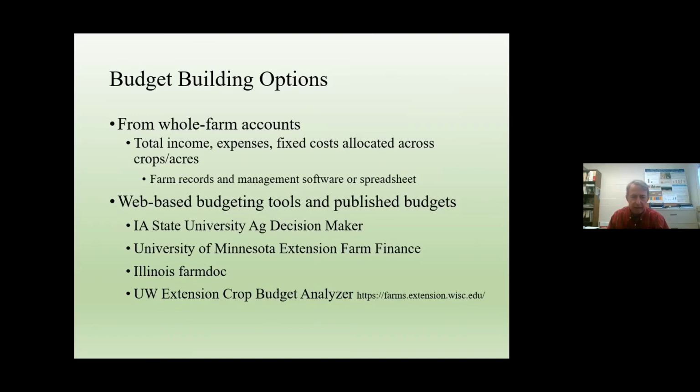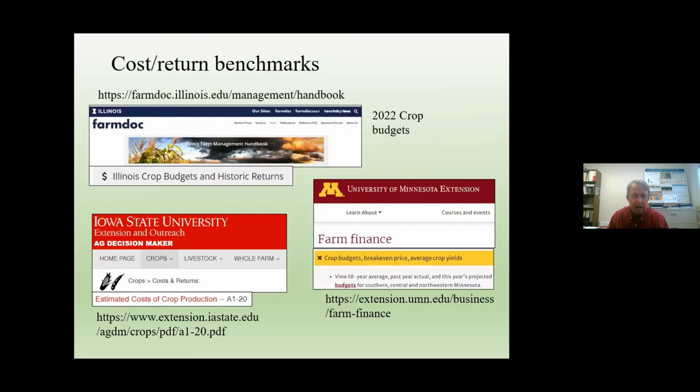Iowa State, University of Minnesota, and the Illinois Farm Doc program all have a lot of good tools on their websites, not only to estimate or calculate costs of field operations, but also to build budgets or to look at published budgets that they have.